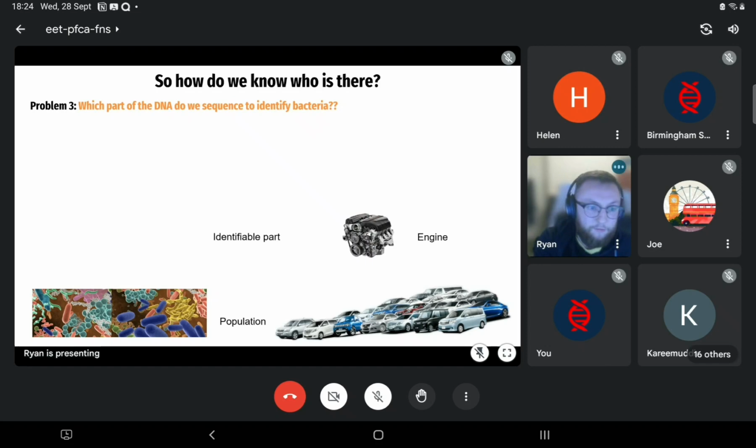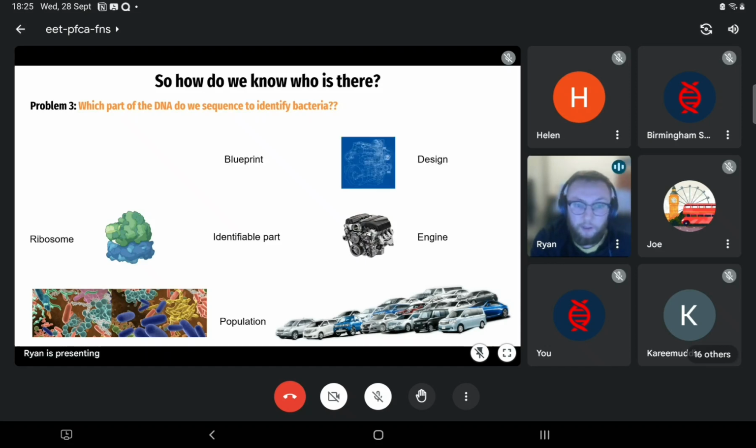Likewise, every cell has a ribosome. Ribosomes are super important for making proteins. Without a ribosome, you have no proteins, you have no functional cell, really. So we can use the ribosome as a marker. And just like we can look at a blueprint for the design of the engine, we can look at the blueprint for the design of the ribosome, the ribosomal DNA.